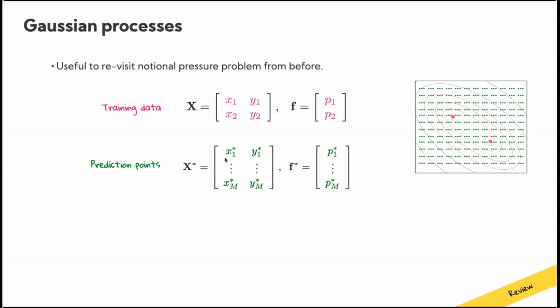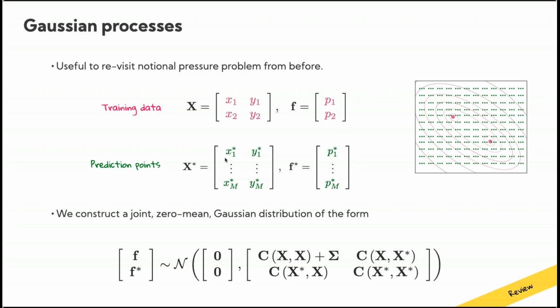Now, what I'm interested in doing, and this is a theme that will run throughout this presentation, is determining what the pressure will be at all the remaining points. And we'd like to do this in a Gaussian process manner, which, as I mentioned before, makes the assumption that the pressure at any point in this control volume can be defined by a certain mean and a certain variance.